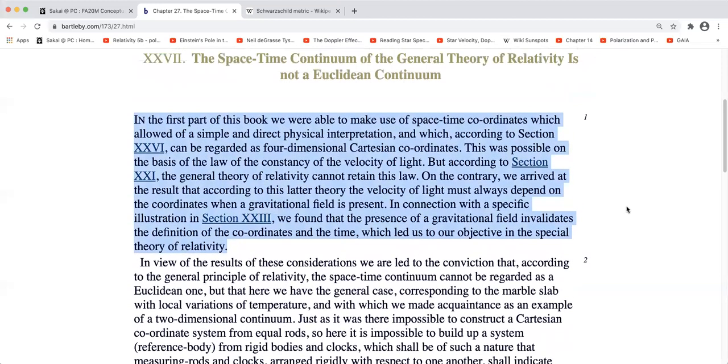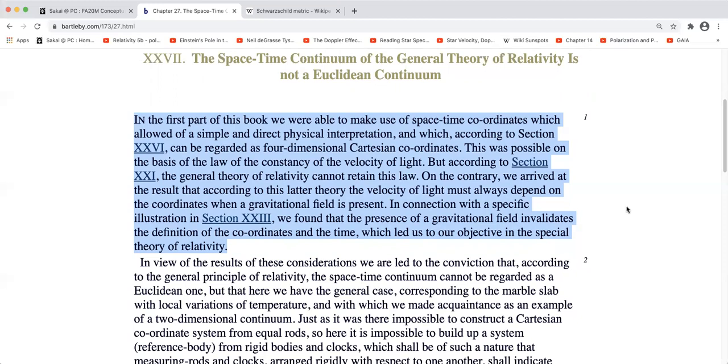Sure. In the first part of this book, we were able to make use of space-time coordinates, which allowed of a simple and direct physical interpretation, and which, according to section 26, can be regarded as four-dimensional Cartesian coordinates. This was possible on the basis of the law of the constancy of the velocity of light, but according to section 21, the general theory of relativity cannot retain this law.